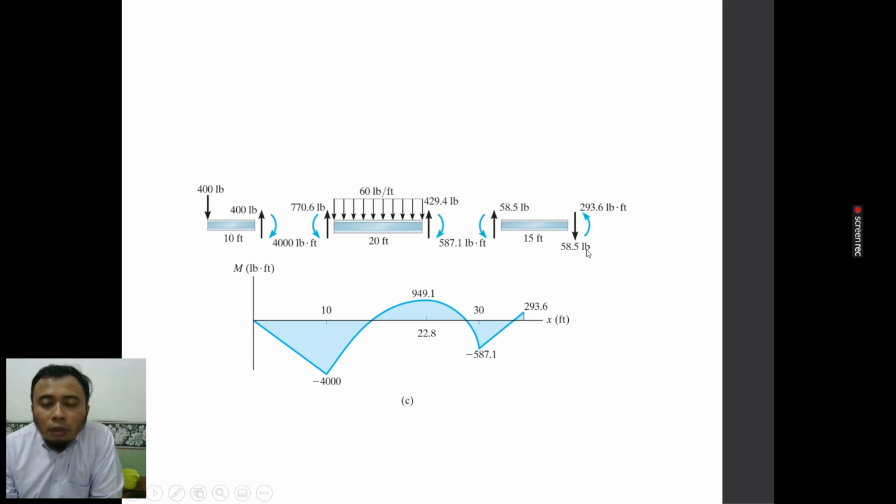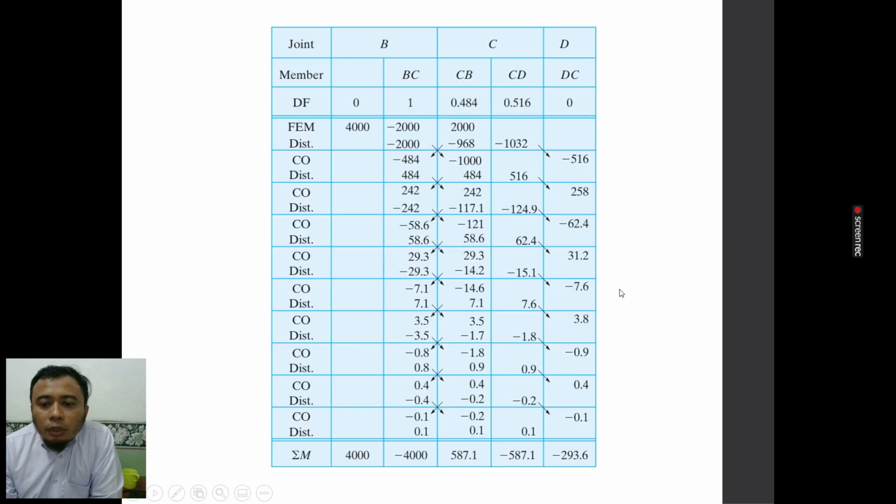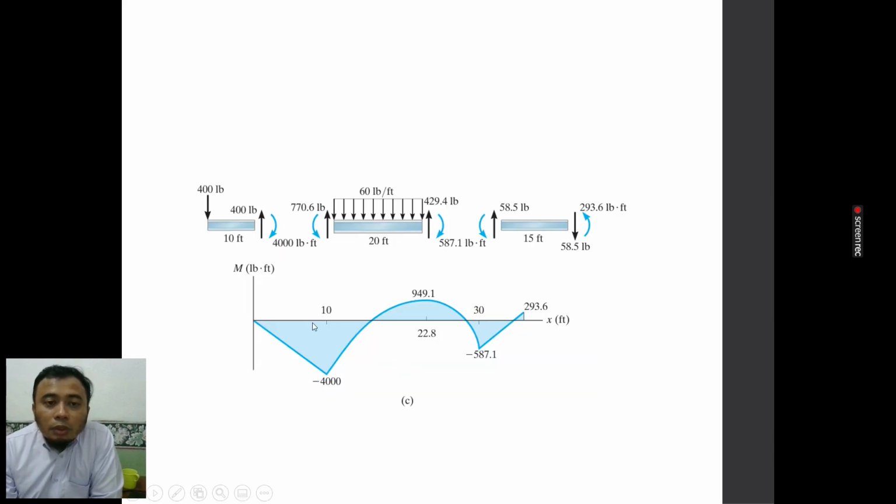Like we talked about before, this is negative 293.6, which is from here. So you draw it, make sure you draw carefully and represent the negative and directions of the moment. If not, you'll get a different amount of shear. Here you get a different amount of shear.